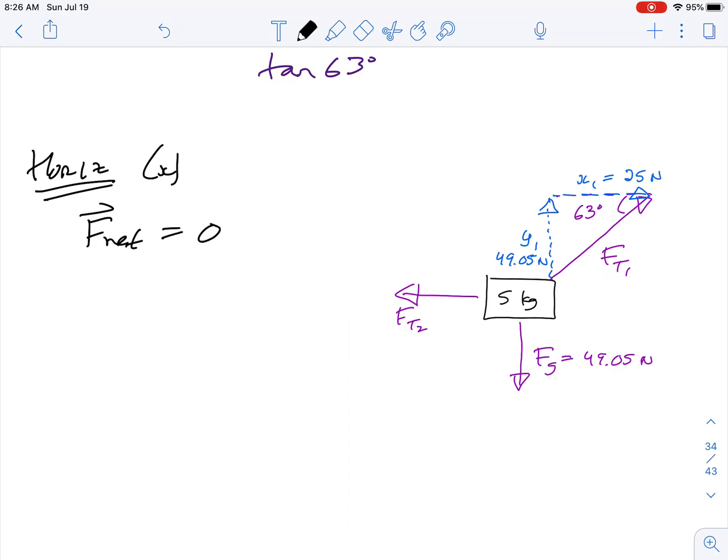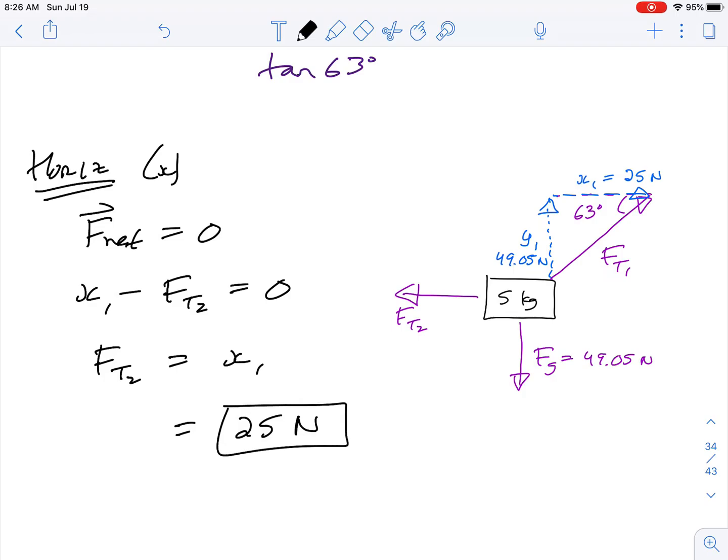All the forces have to cancel out. So x1 is positive, Ft2 is negative, equal to 0, which leads to the fact that Ft2 must be equal to x1. The two horizontal forces must balance out. And that comes out to be 25 newtons. And we're on our way.